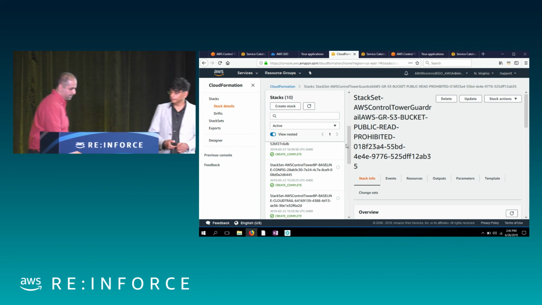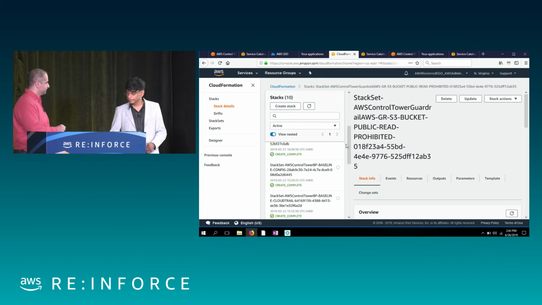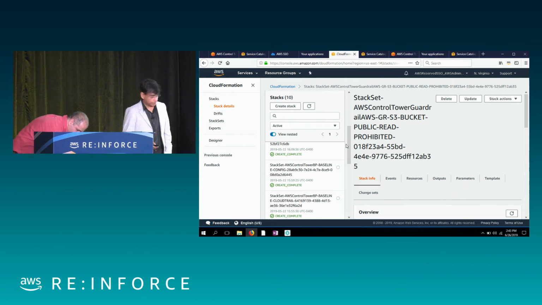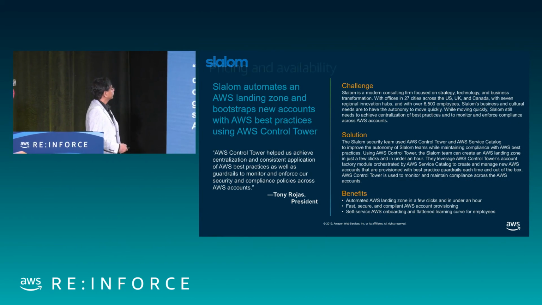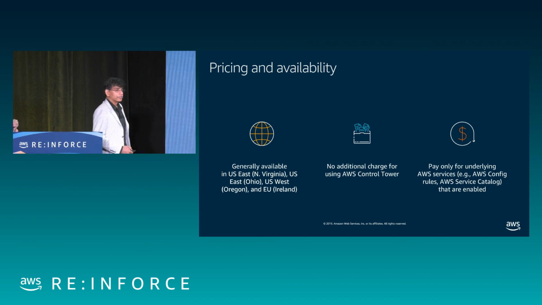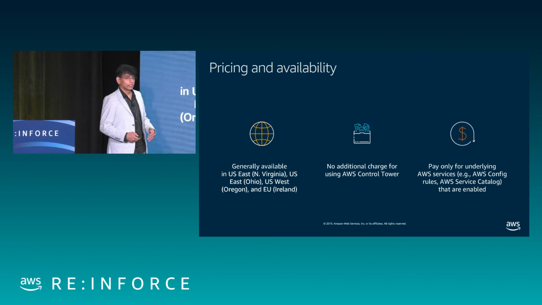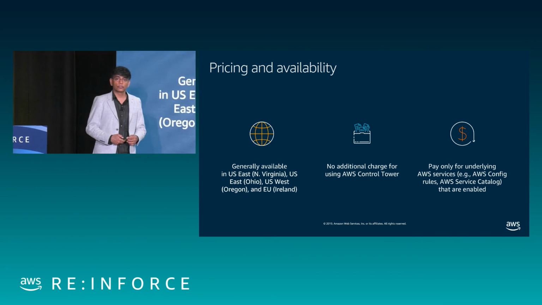Thanks. I think that covered a lot of things. Let's go back to the slides. I'm just going to skip this. Pricing: there's no additional charge for using Control Tower.